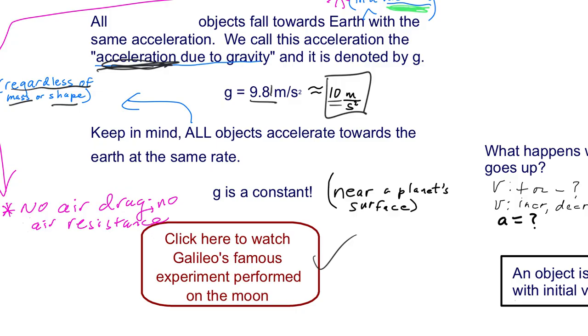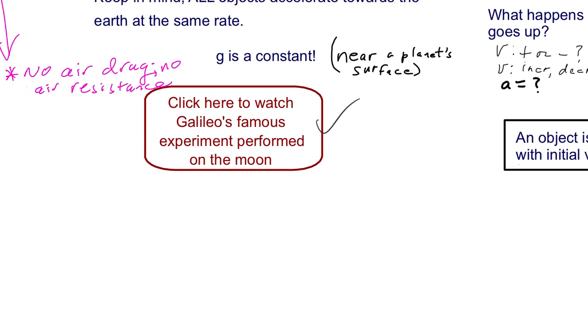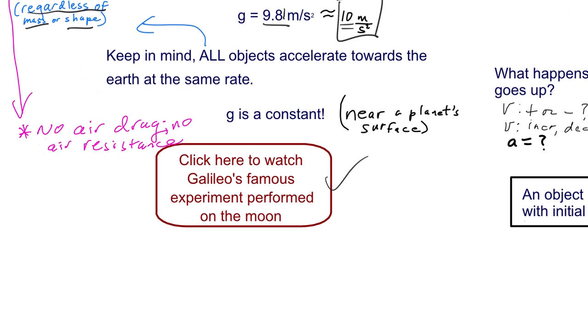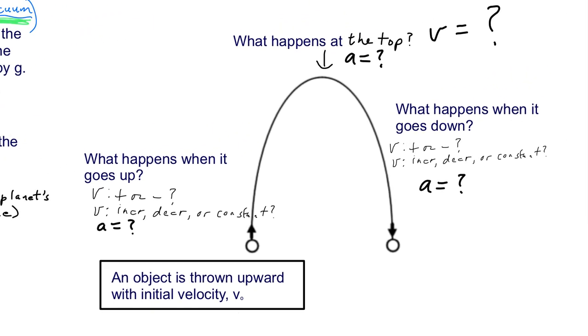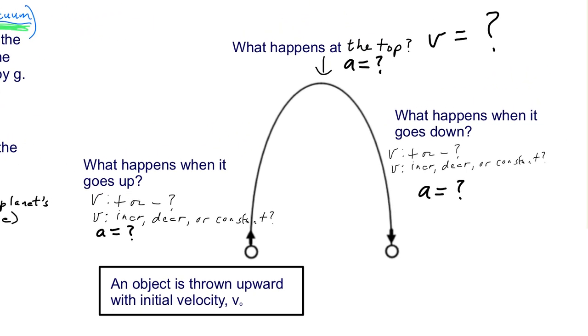That's because the moon has basically no atmosphere. The moon's not massive enough to have kept any atmosphere it may have had in the past. So there's no air drag, so the feather and the hammer hit the ground at the same time when released from the same height over the moon's surface.